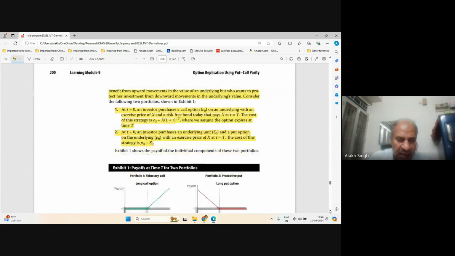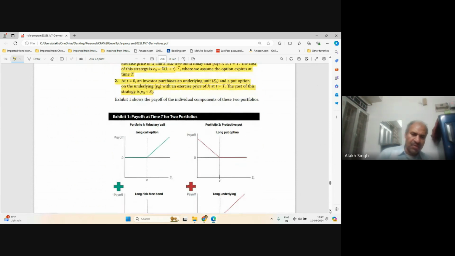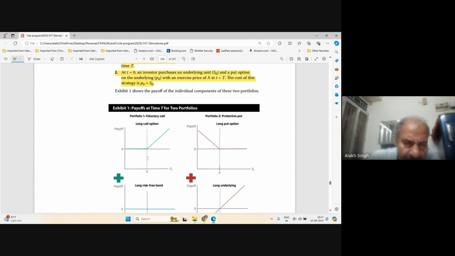Now, how does it happen? Let's see by payoff. First of all, when you buy an option and that option is a call option, beyond the exercise price X, we had seen that the payoff was 1 to 1. Meaning if the price of a stock or underlying goes up by $1, the price of a call also goes up by $1.